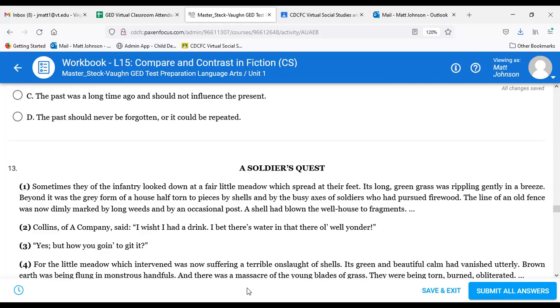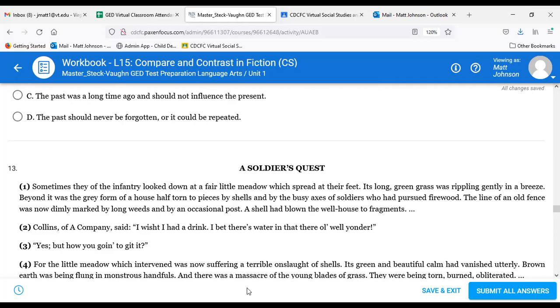Sometimes the infantry looked down at the fatal meadow which spread at their feet. Its long green grass was rippling gently in the breeze.